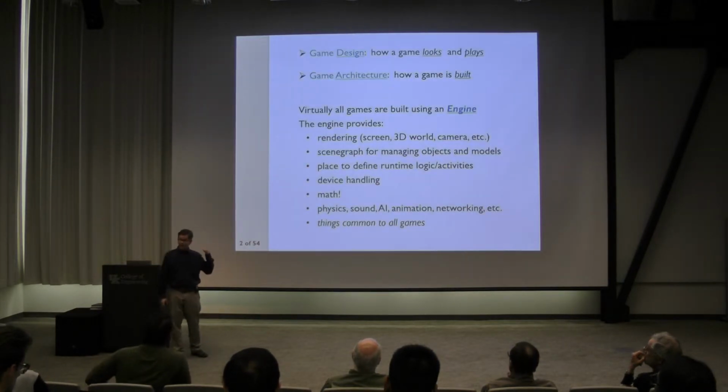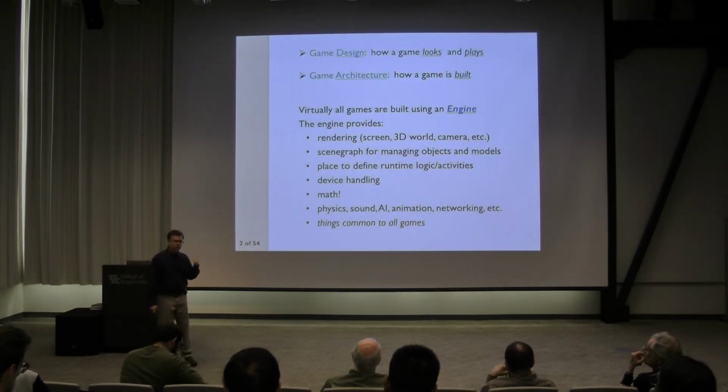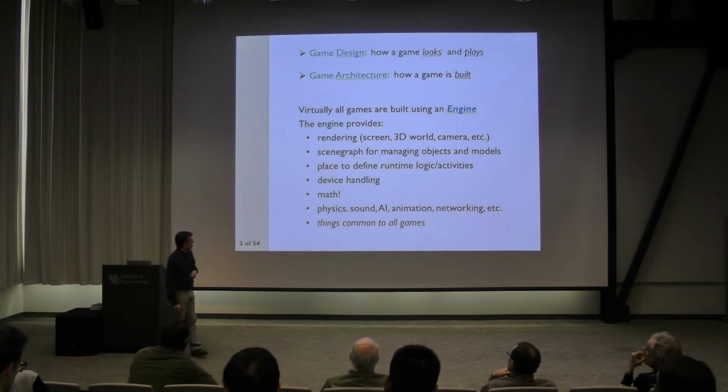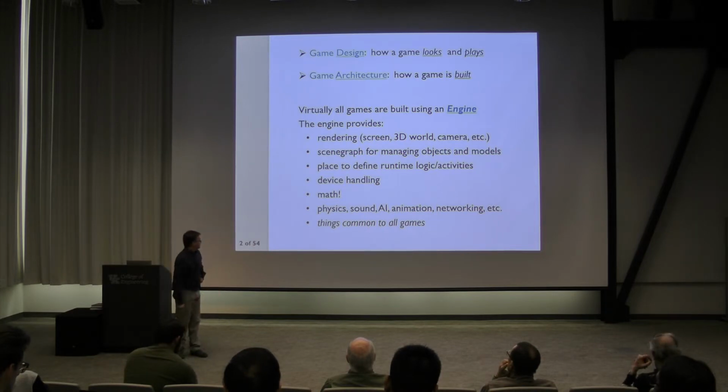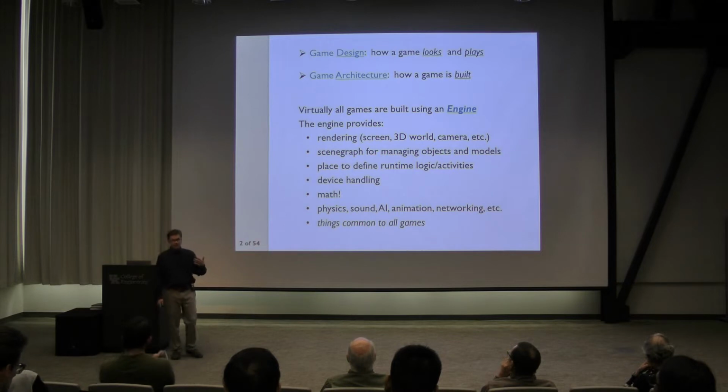There's a lot of math in graphics that even the game programmer may have to do, so making that as easy as possible. Physics, because games always have physics, since the world has physics; sound, AI for non-player characters, networking. Of course, you don't want the game programmer or game designer to have to reinvent all these things from scratch.